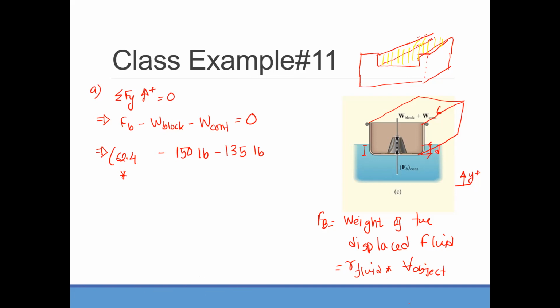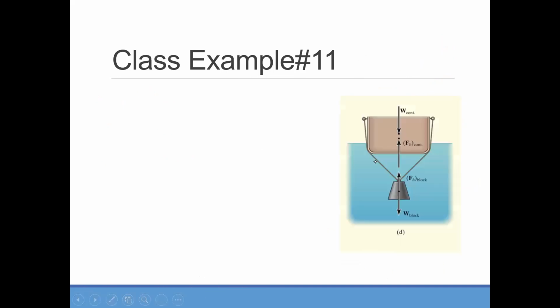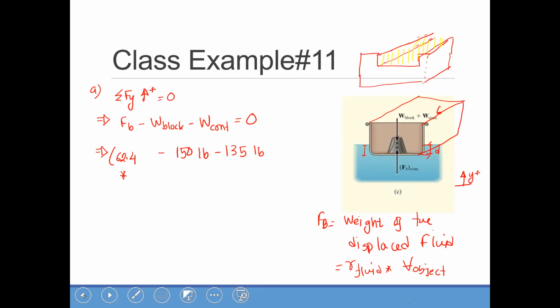So this is d, and we also know this one is 2.5, that is b, and this one is 6. So the volume should be 6 times 2.5 times d. Sum of forces in y equals 0.